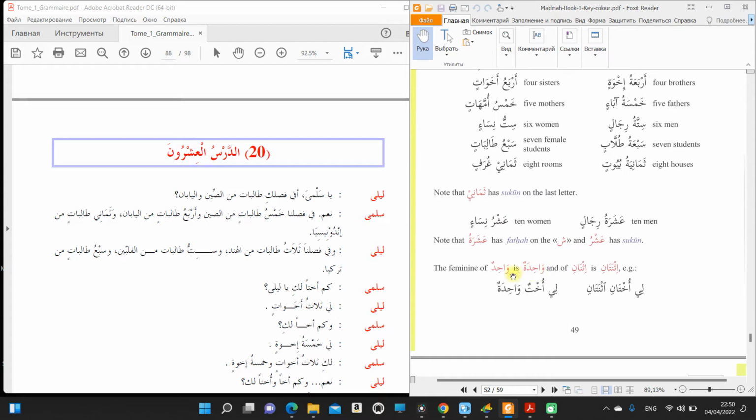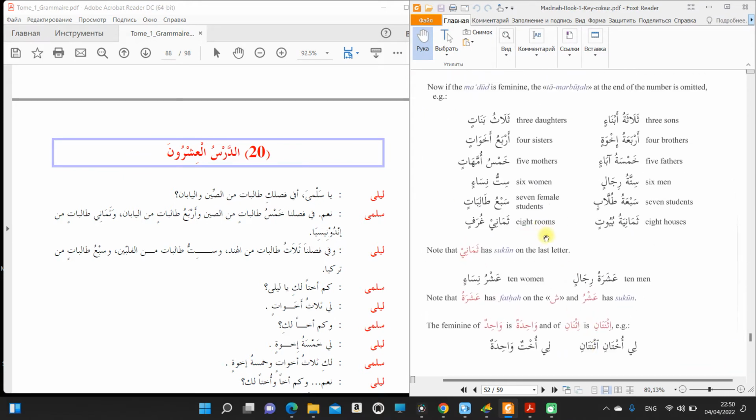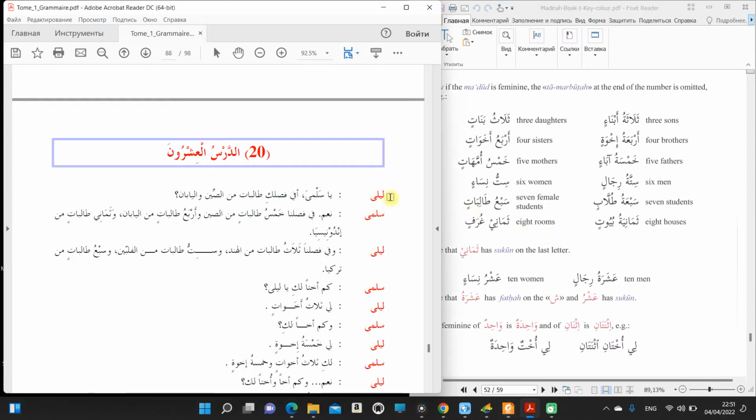And if we are talking about 1, wahid is for masculine, wahidatun is for feminine, ithnani is for masculine, ithnatani for feminine. Yeah, you can write it down and just look for yourself what is the difference. Think thoroughly about the difference between them first, and then you should proceed to the dialogue to have a better understanding of this difference.